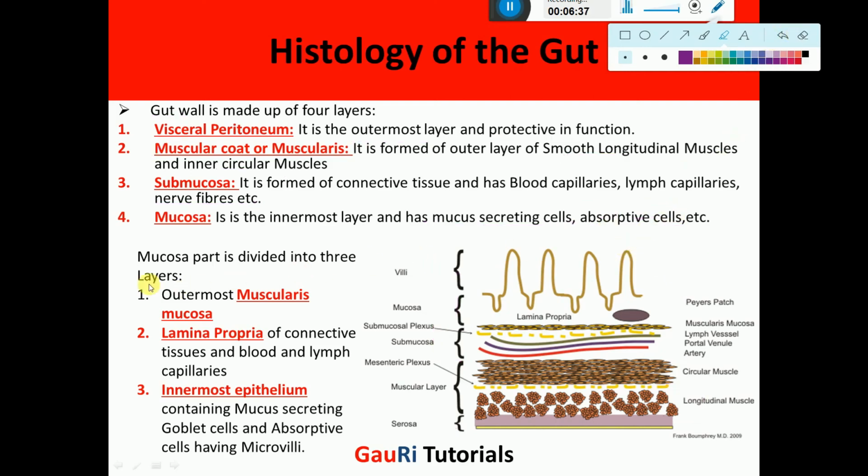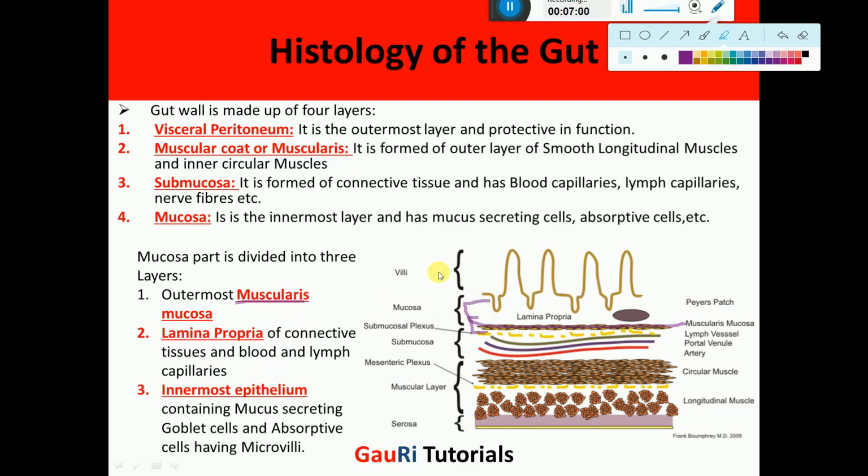Next, if we divide the mucosa part, there are different layers inside it. The outermost is the muscularis mucosa. Then inner to this is the lamina propria, where there are blood vessels, lymph capillaries and tissues.